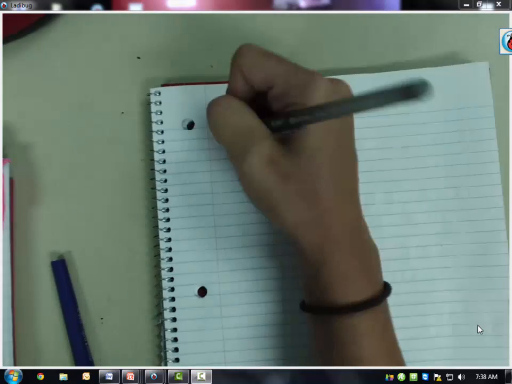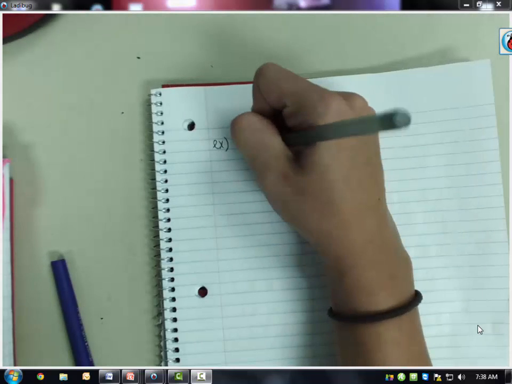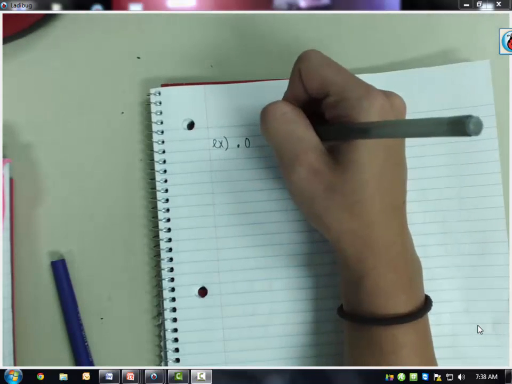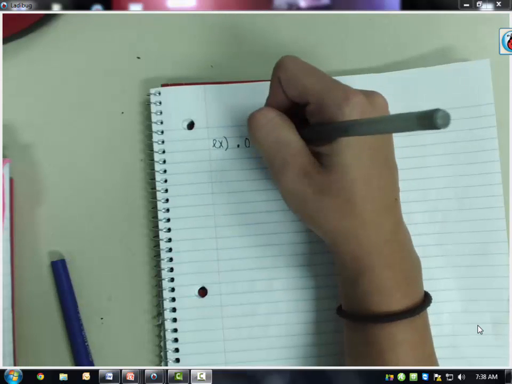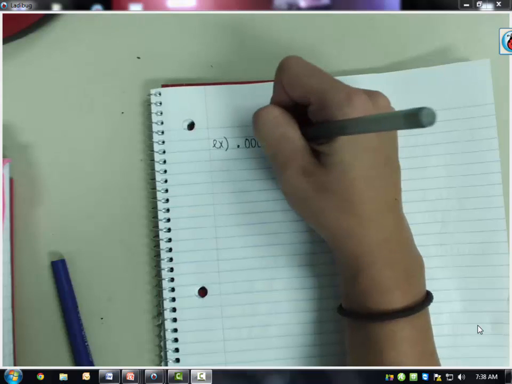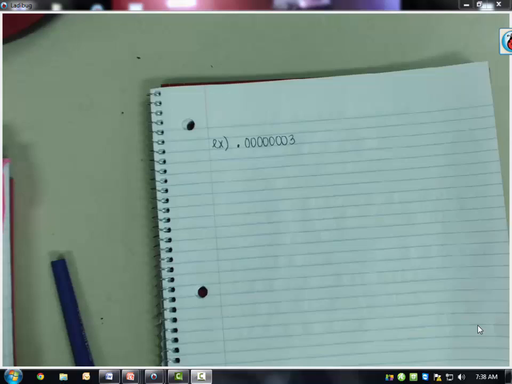Remember on your last page you had the big number and then we had the tiny little decimal when we were talking about centimeters. We had 1, 2, 3, 4, 5, 6, 7 zeros and a 3. Alright, well you know that your first number has to be between 1 and 9.